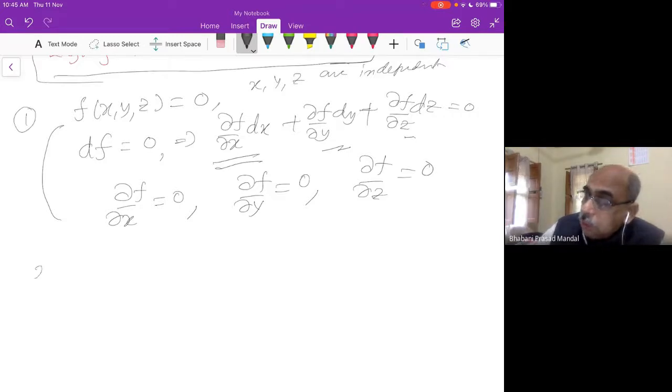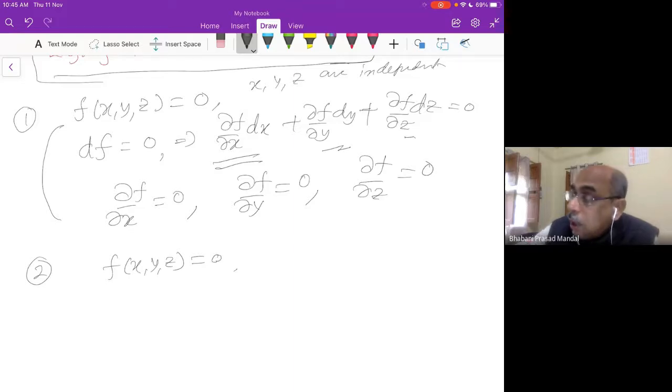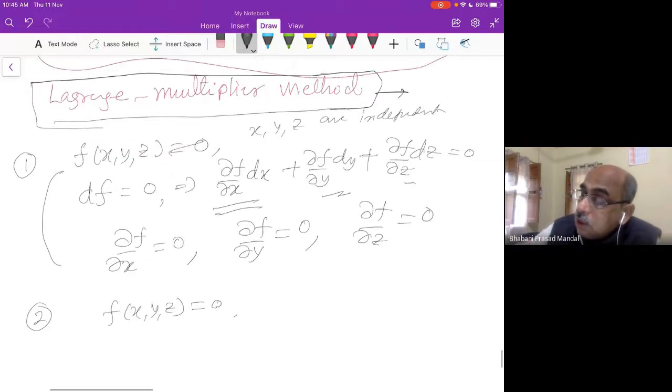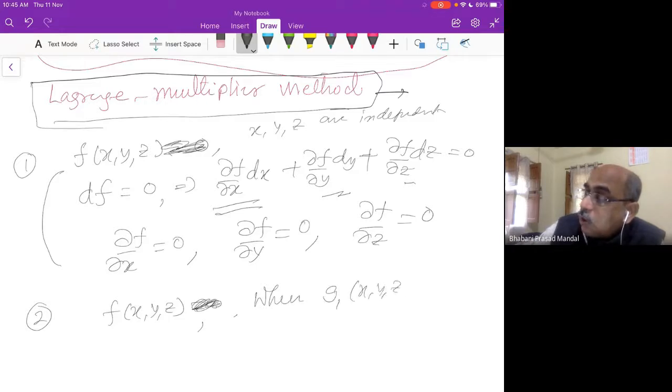Now case 2. Now problem 2, I am saying extremize this function f(x,y,z) when g1(x,y,z) equals 0.